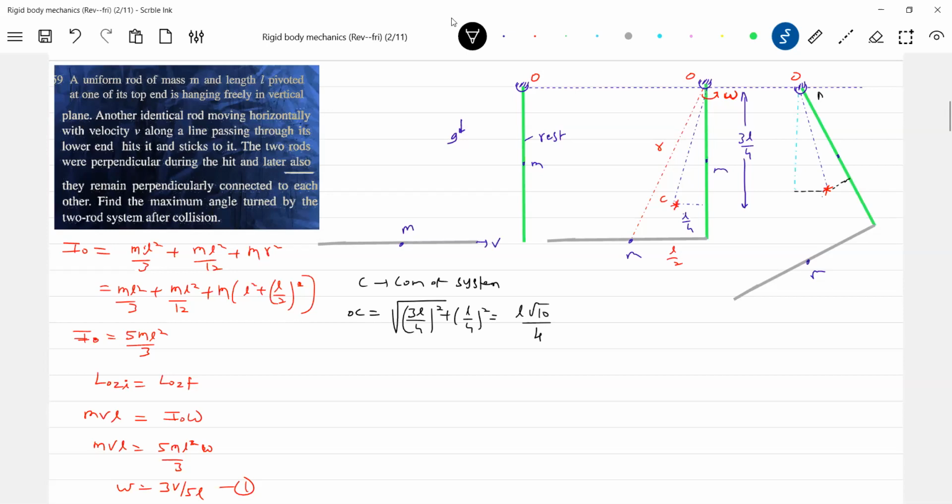What can be this distance? It will still be 3L by 4 only. So I will indicate it as point P. This is A. This is our center of mass, no? OC, already we know OC.